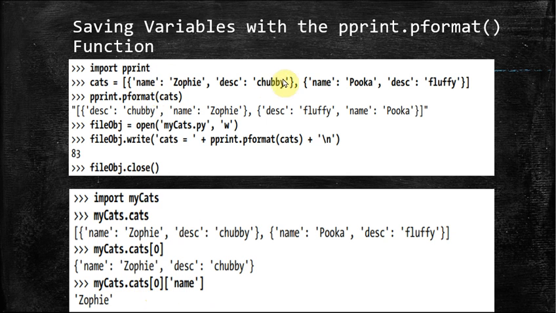Cats[0] means this particular thing; in that, if you just want the name, you can mention name here. Similarly, instead of name, if you want description, you can just give description. If you want the next value, then instead of mycats.cats[0], you can give mycats.cats[1]. Again, when you give name, Puka will be displayed. If you give description, Fluffy will be displayed.